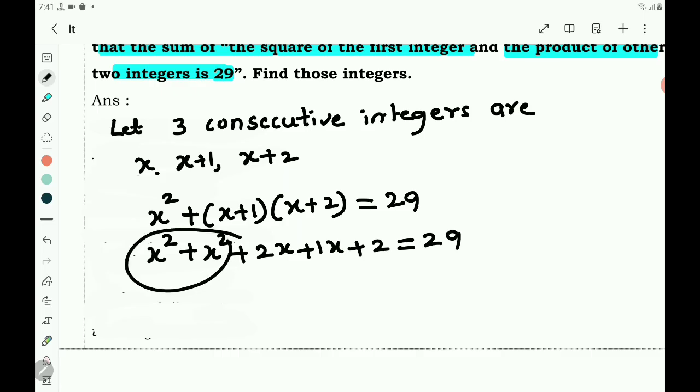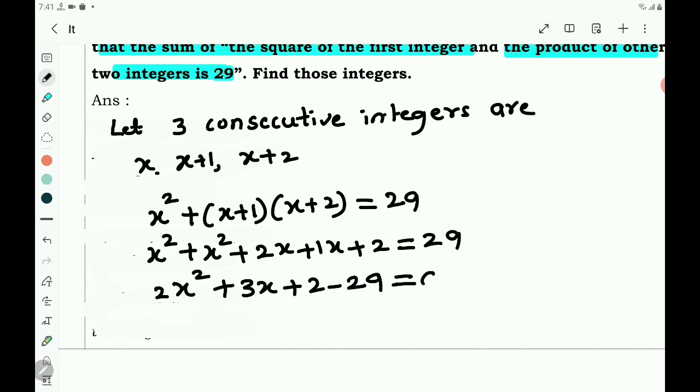X square plus x square is 2x square, plus 2x plus 1x is 3x, plus 2, and transfer this 29 to the LHS becomes minus 29 equals 0.